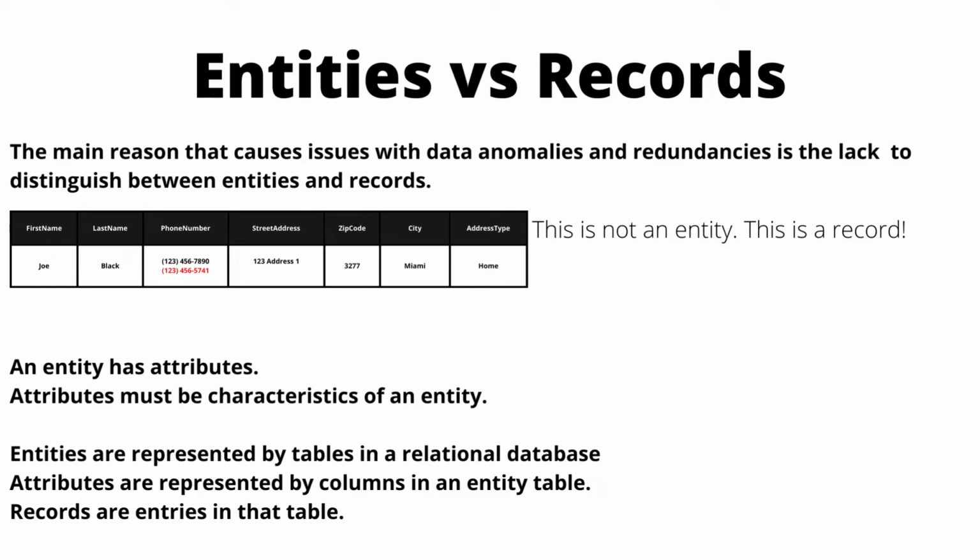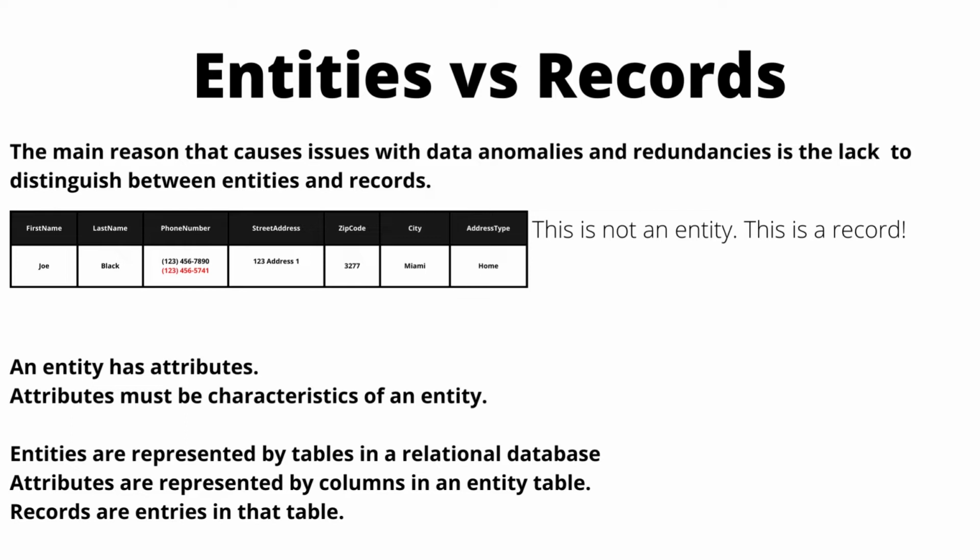The phone number perhaps would also be in a different entity, depending on the type of constraint that we have in the database, but it's hard to see that now. For address, it's very clear that it may belong to an entity, but it should not be the same entity as the person, because person and address are 2 different entities. So this is not an entity, this is a record.